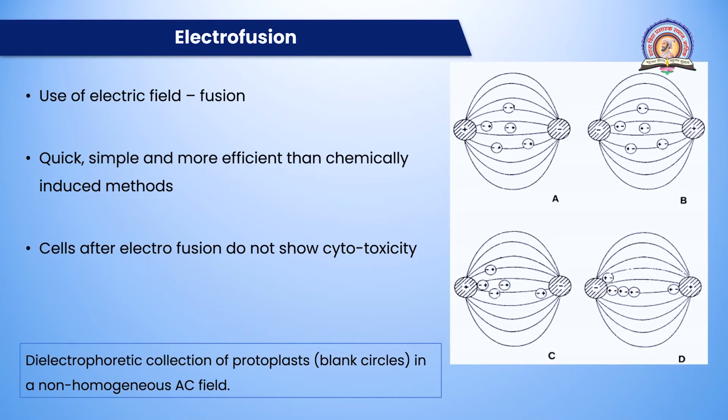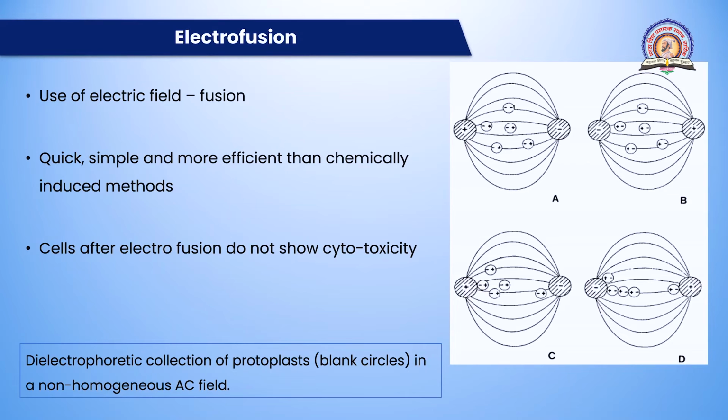So yes, in this diagram we can see that if we put two charged electrodes in a protoplast suspension, the protoplasts present inside the suspension will align themselves in a chain form. And why will this happen? Because we have provided a low voltage electric current. There is a phenomenon called dielectrophoretic collection of protoplasts.